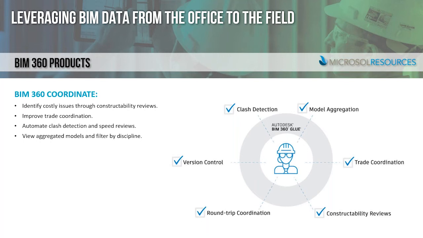Users can also view aggregated models and filter by discipline if they so choose. So you can access models online or offline, and you can easily pan, zoom, and orbit the models, and you can create walkthroughs. By using the filters based on discipline, you can see clashes across published models in a coordination space, or you can just compare two models at a time if that's what you need to do at that time.